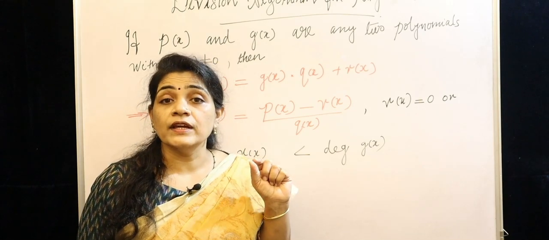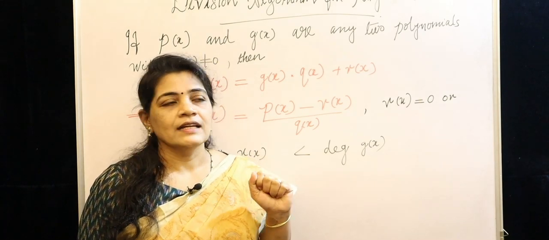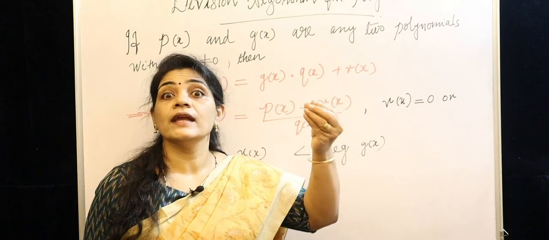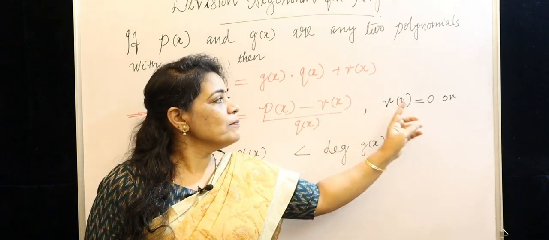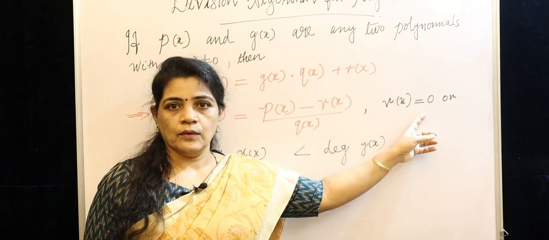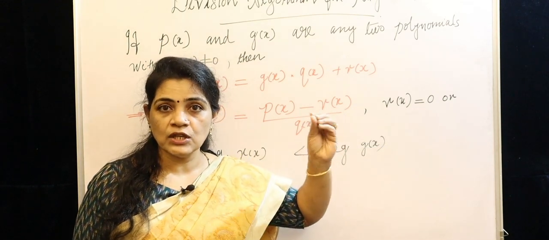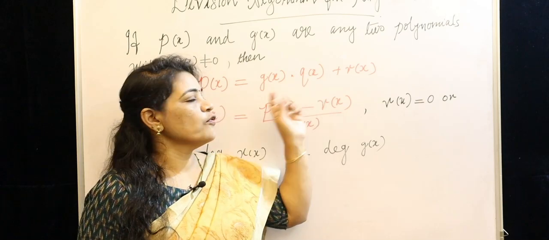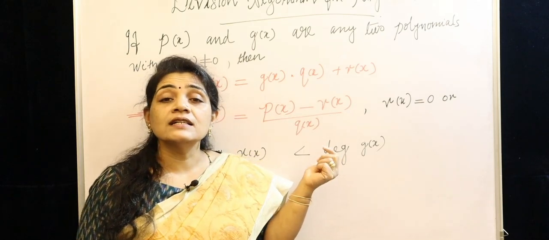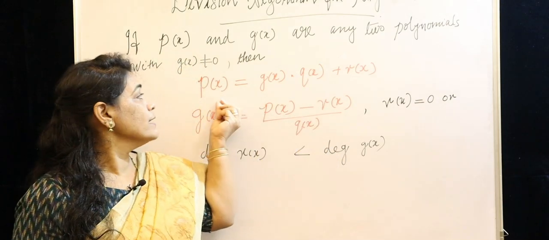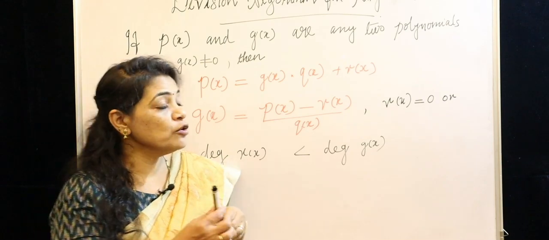Here there is a very important condition. This r of x, the remainder polynomial, can be 0, when both g of x and q of x are factors of p of x. I will give a numerical example.